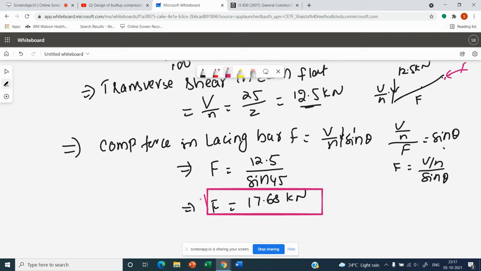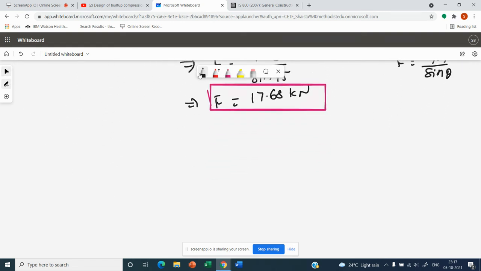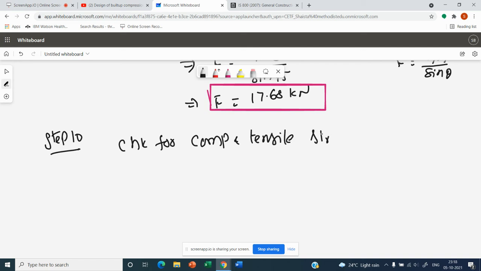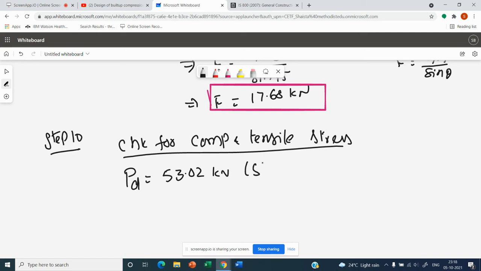Step 10 is the check for compressive stresses. See, step 10. I can say check for compressive and tensile forces, you can say, or stresses. Force multiplied by area, sorry, stress multiplied by the area will give you the force, right? So we already know the design strength of the lacing is 53.02 kilonewton, which we found in step 8.